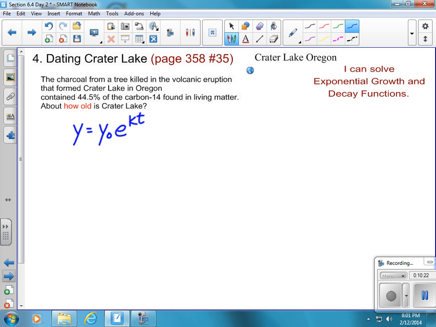Well, let's start with the same equation we start with everywhere. If you go back to the very first example we did, that also was on carbon-14. And so the k value for carbon-14 is 1.2 times 10 to the negative fourth. Take that number, and 44.5 is the ending value.